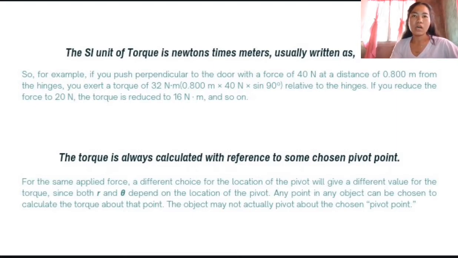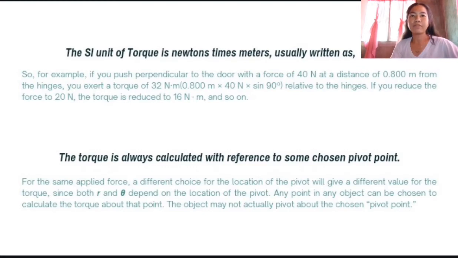That is 0.800 meters times 40 newtons times sine 90 degrees, relative to the hinges. If you reduce the force to 20 newtons, the torque is reduced to 16 N·m, and so on. So the torque is always calculated with reference to some chosen pivot point.